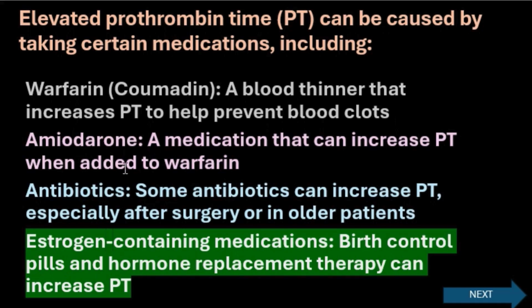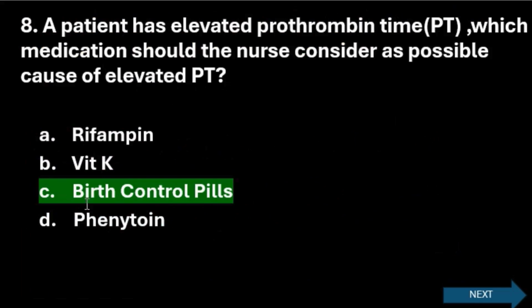Some antibiotics can increase PT, especially after surgery in older patients. And here the answer: estrogen-containing medications, birth control pills and hormone replacement therapy can increase PT. So here the right answer is birth control pills. Vitamin K and all will act in the opposite direction, right?